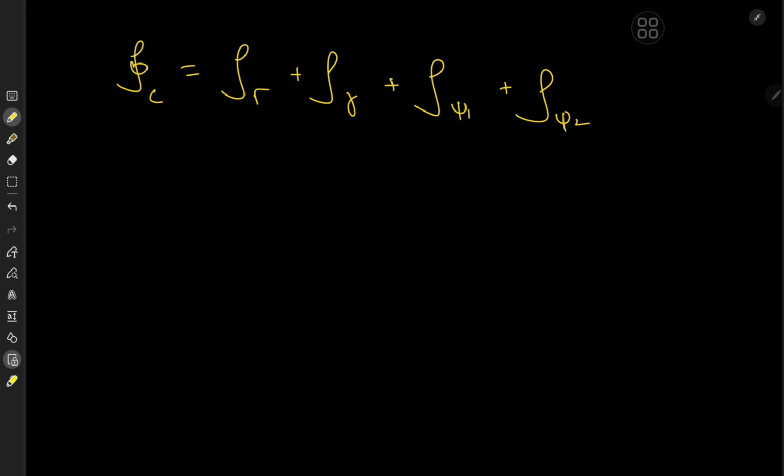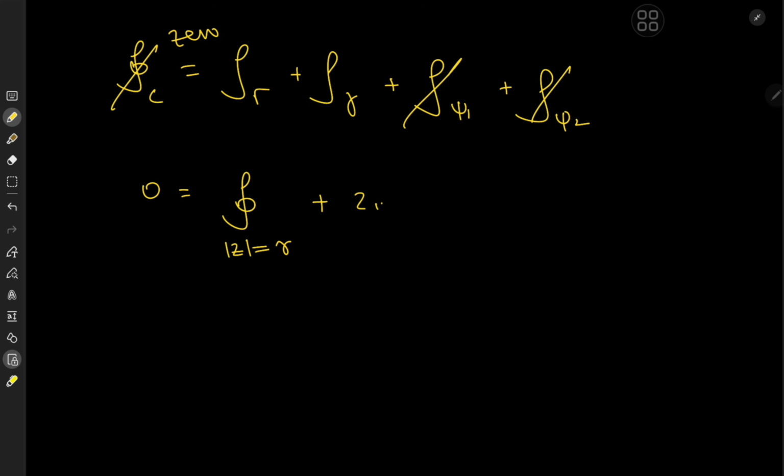Okay, full recap. This integral crashed down to 0 because of the residue theorem. These two canceled out. So we have 0 equal to the integral over gamma, which converges to the integral over absolute value of z equal to r. And then we have the integral over lowercase gamma being 2 pi i log 2. In other words, the integral over absolute value z equal to r equals negative 2 pi i log 2.